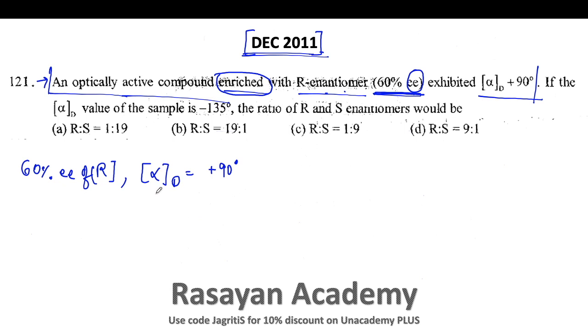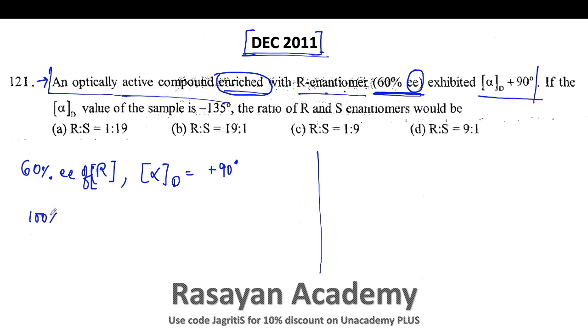All right, and guys, please understand it is not necessary that always the R will show plus. The R enantiomer can show minus also. That is experimental, you cannot just predict that. So there are two parts of this question. 60% enantiomeric excess of R shows this much specific rotation.